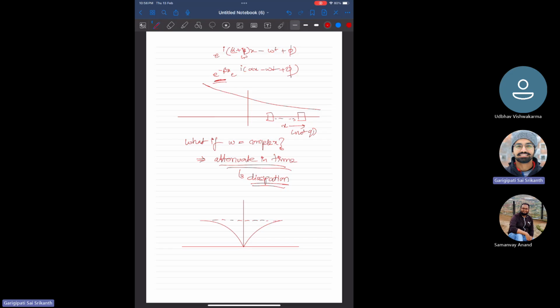This is the pass band, and beyond that we plot the attenuation curve, and we call this the pass band.